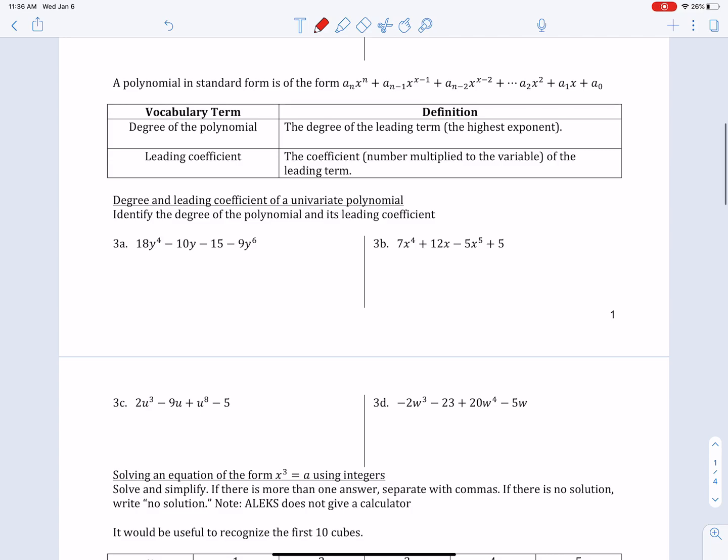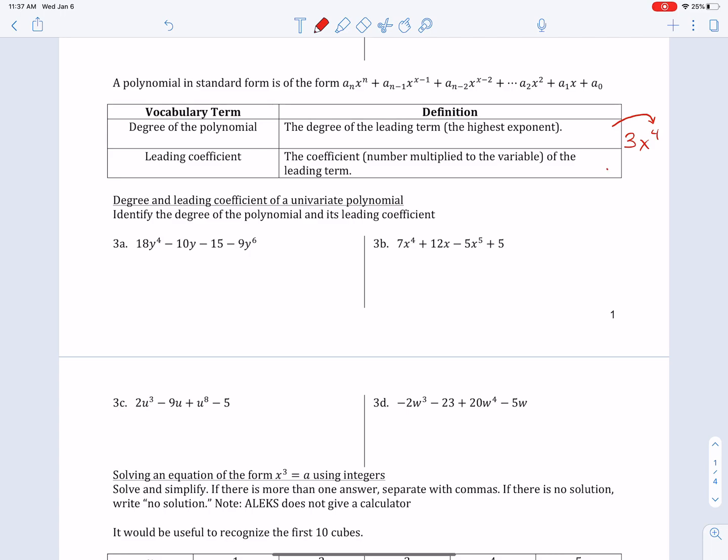So let me give you an example. Here I'm going to have 3x to the 4th, okay? Degree of the polynomial is the degree of the leading term, the highest exponent. So let's draw an arrow pointing to the exponent for your studying. And then leading coefficient is the coefficient number multiplied to the variable, that's 3 times x to the 4th, of the leading term.